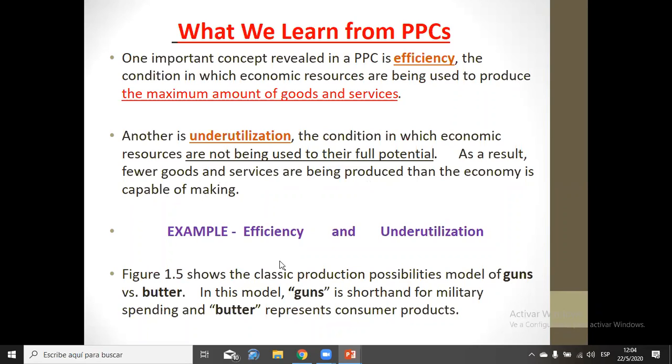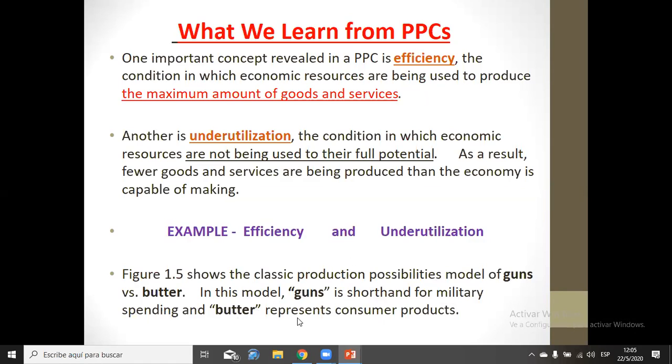Now over here, they talk about the same example, remember we spoke already about the loaf of bread and the muffins. Over here, they're using another concept. They use guns, and guns represent military expenses. Usually, a country invests a lot of money in military expenses, and the conflict is whether to use it to buy new military things or use it in your economy.